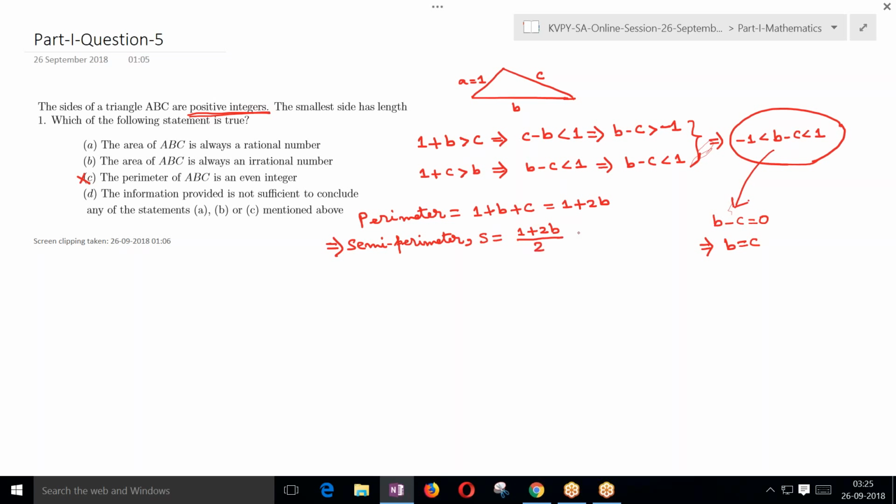So that implies we can write (b plus 1) by 2. So now what is the area? Let's first find the area.